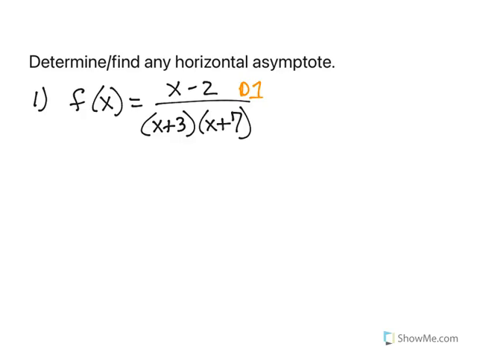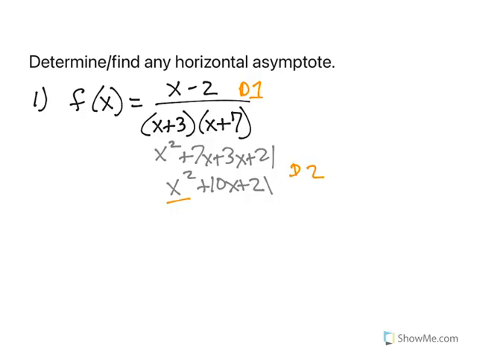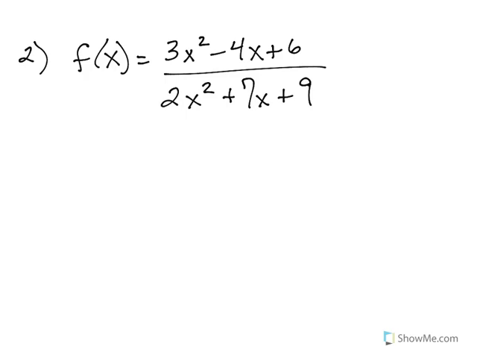If I take x plus 3 times x plus 7, I get x squared plus 7x plus 3x plus 21, which is the same as x squared plus 10x plus 21. Well, because of the x squared, that's degree 2. So because the degree of my numerator is less than the degree of my denominator, my horizontal asymptote is y equals 0.